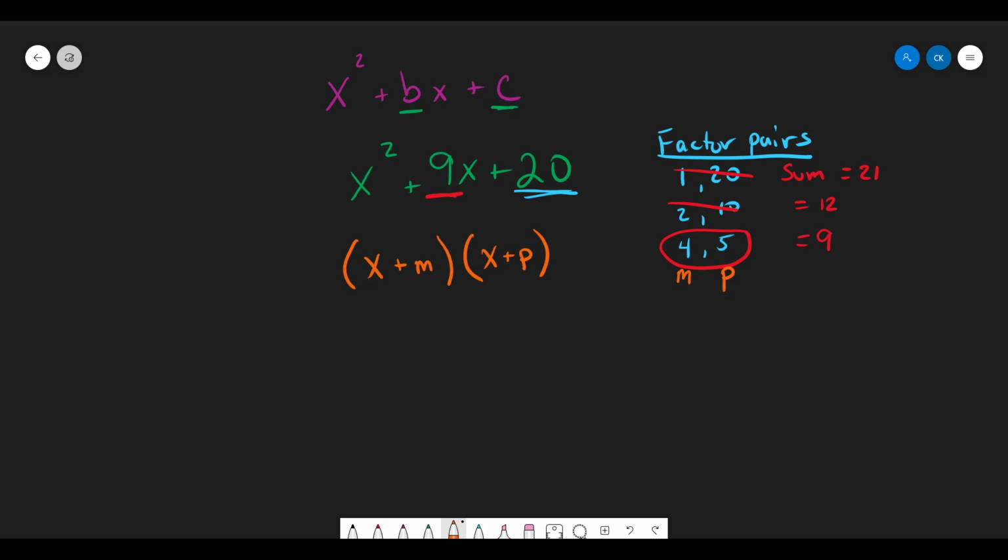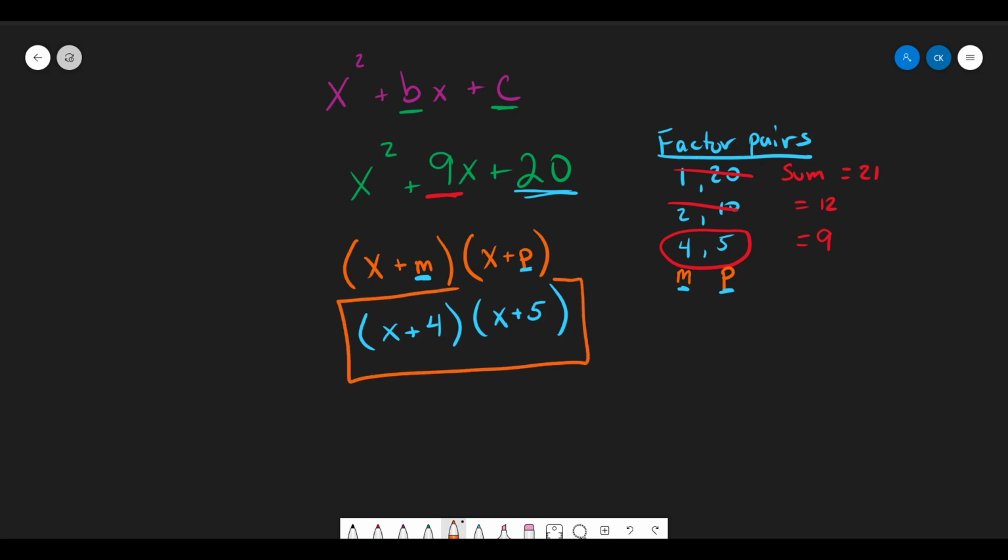I replace my m with 4 and my p with 5. This would be my final answer here, x plus 4 times x plus 5. That's how I would factor my trinomial of x squared plus 9x plus 20.